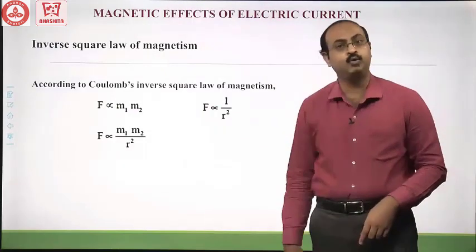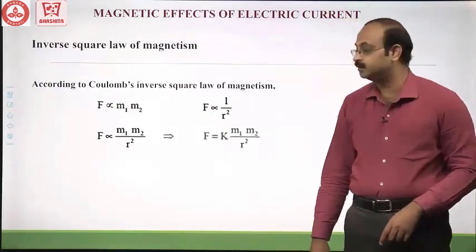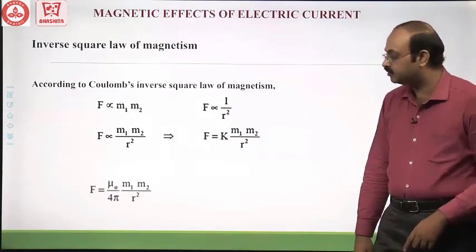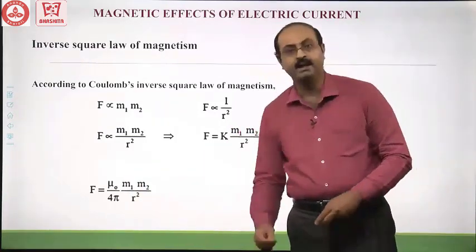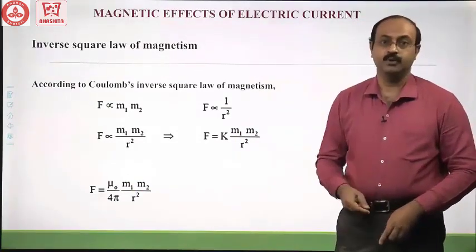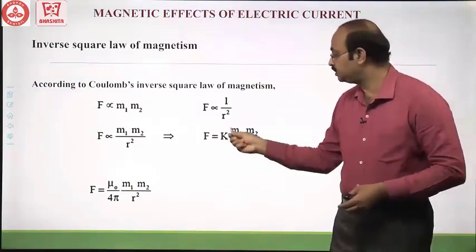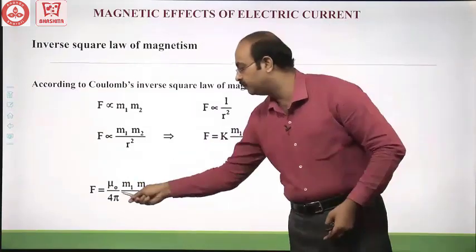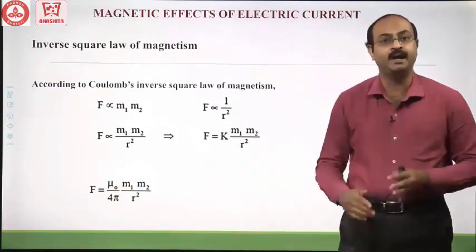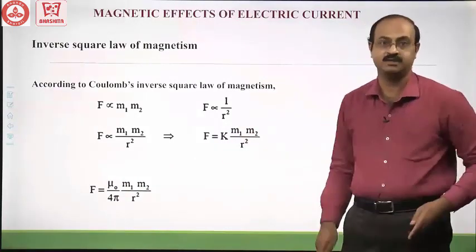Combining, we get F proportional to M1 M2 by R square, and introducing the proportionality constant K, which is mu naught by 4 pi in air or vacuum, the force equation will be mu naught by 4 pi M1 M2 by R square.